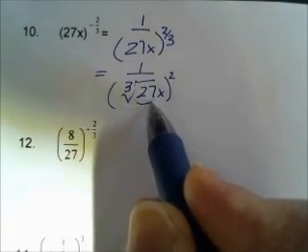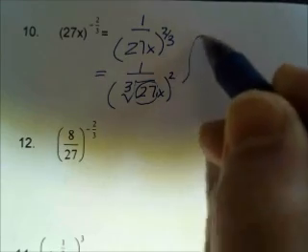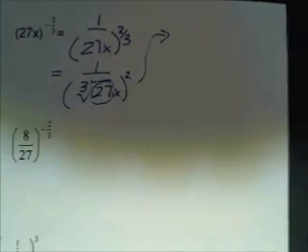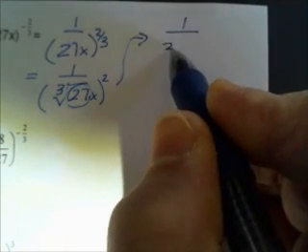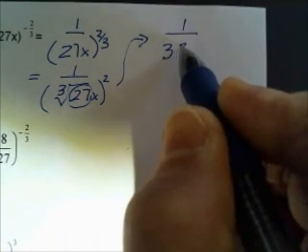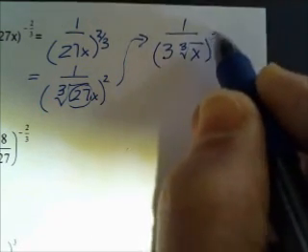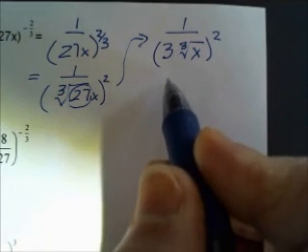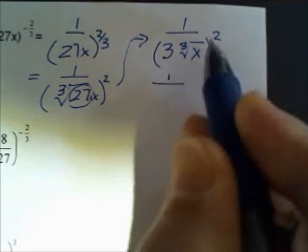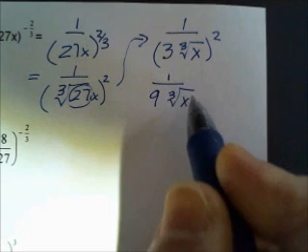The cube root of 27 is 3. So 1 over 3 cube root of x, and then we have to square that whole thing. One over 3 squared is 9, and the cube root of x squared.